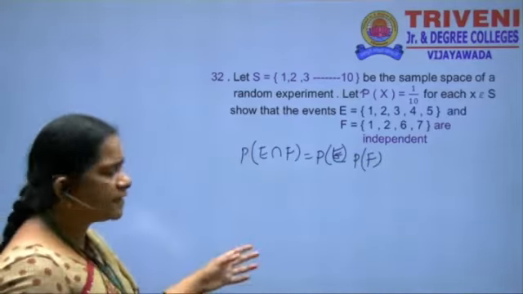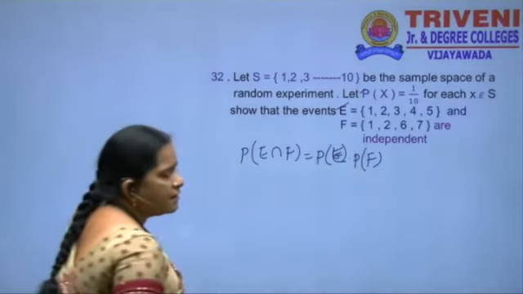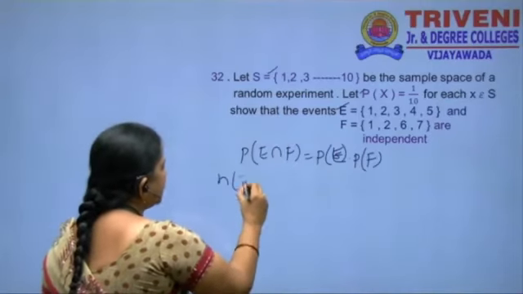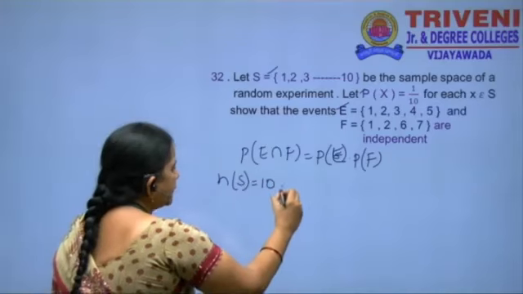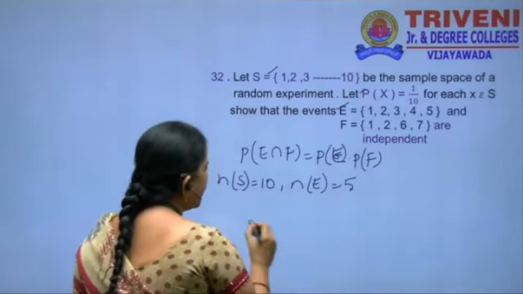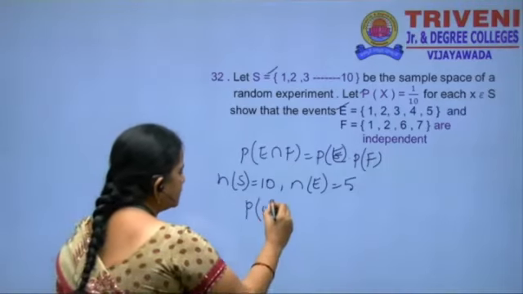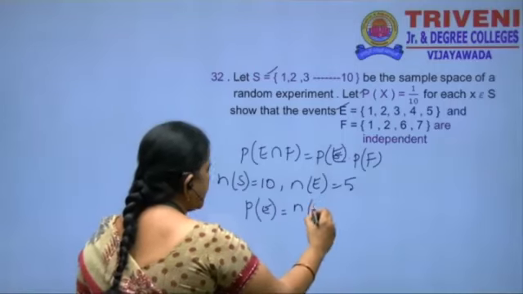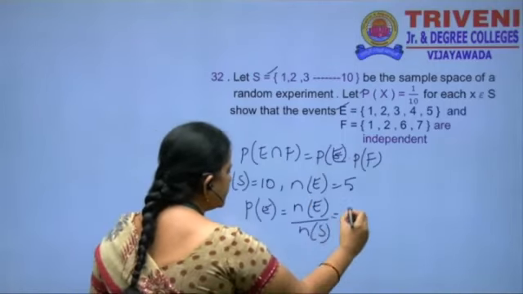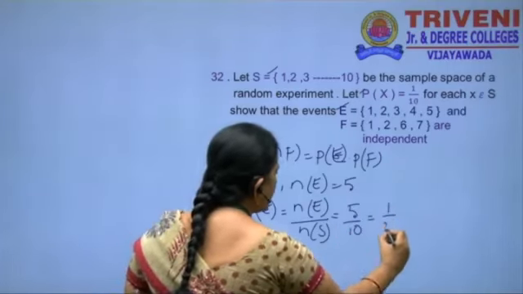First we have to find the value of P(E). How many elements are in E? E has 5 elements. Total elements n(S) = 10, and n(E) = 5. Then P(E), the probability of E, can be written as n(E)/n(S) = 5/10 = 1/2.